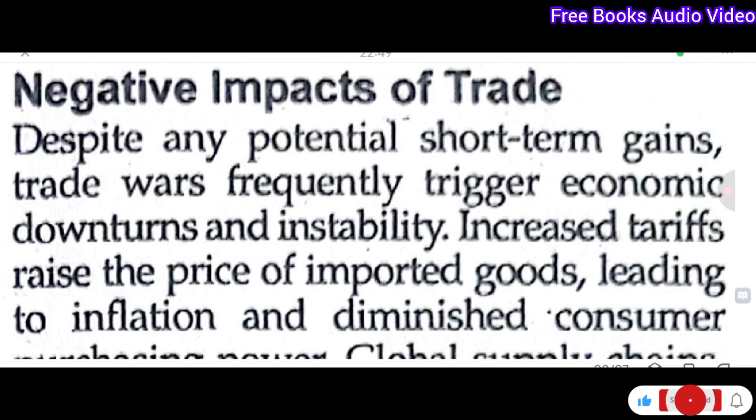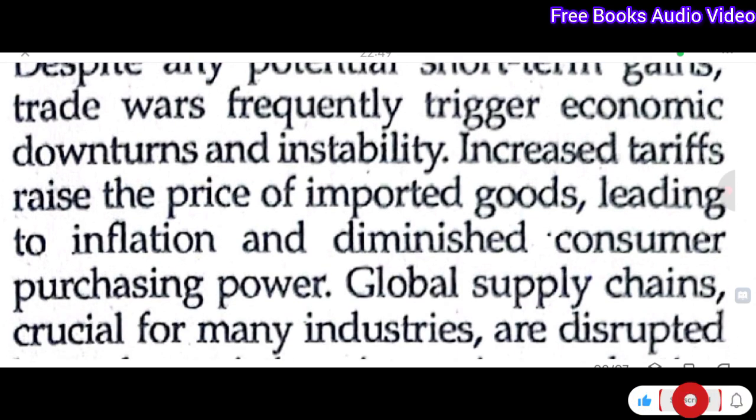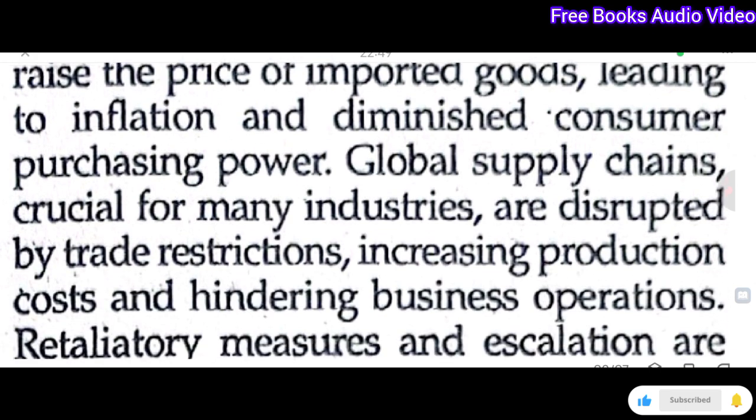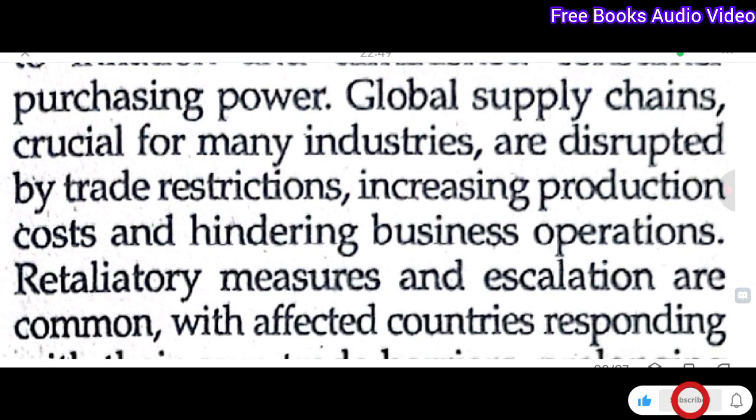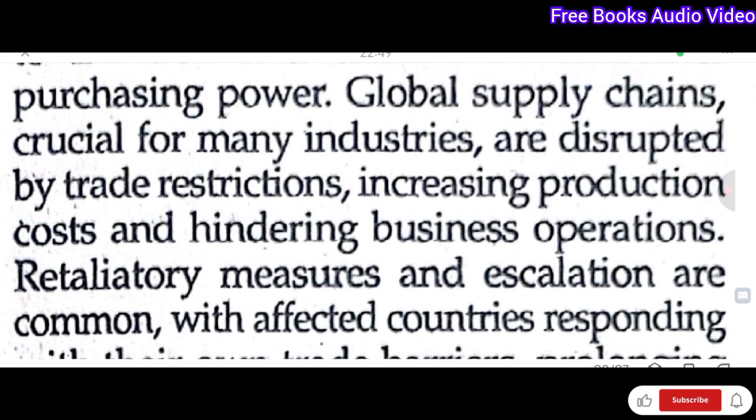Increased tariffs raise the price of imported goods, leading to inflation and diminished consumer purchasing power. Global supply chains, crucial for many industries, are disrupted by trade restrictions, increasing production costs and hindering business operations.